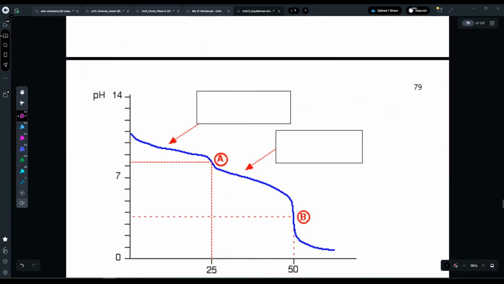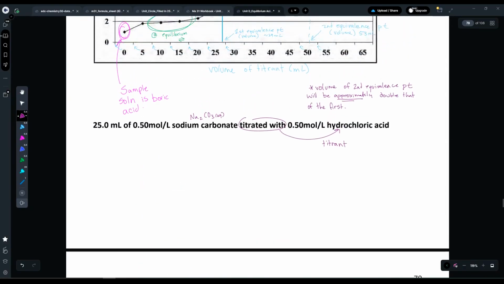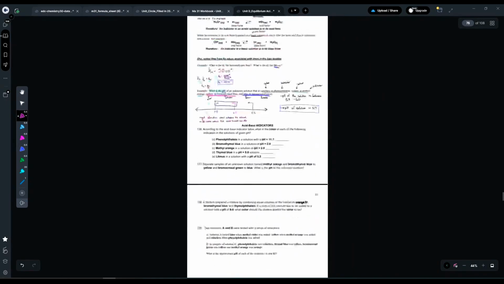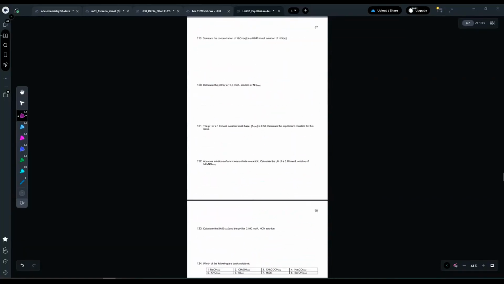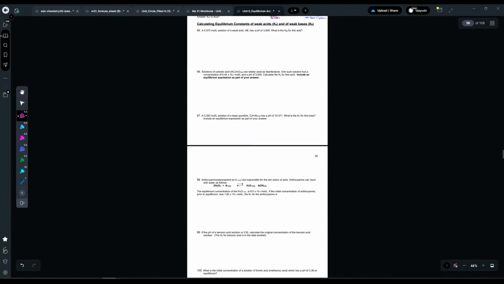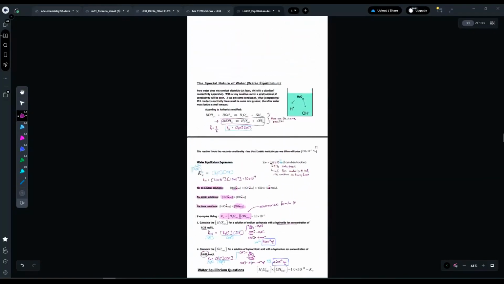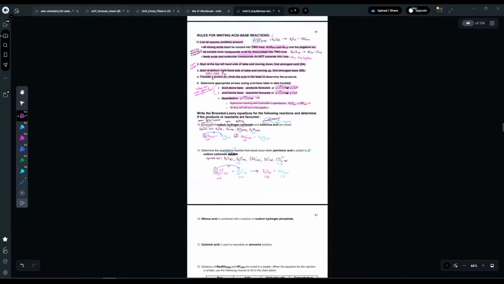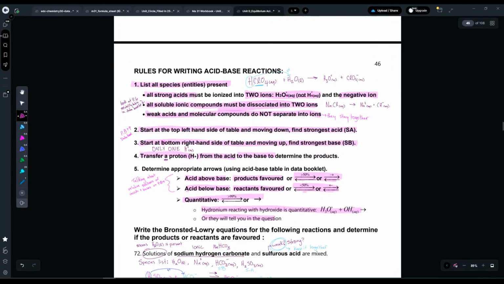In order to be able to write out these reactions, we are going to have to do a species list. So we're going to be following the steps that we went over previously with writing Bronsted-Lowry reactions. Those steps happened quite a while ago; they were on page 46 of this note package.